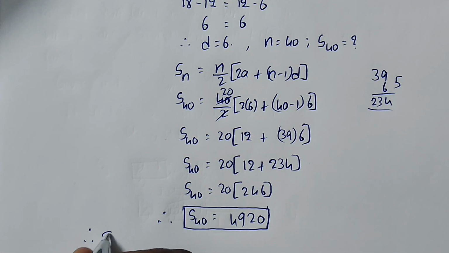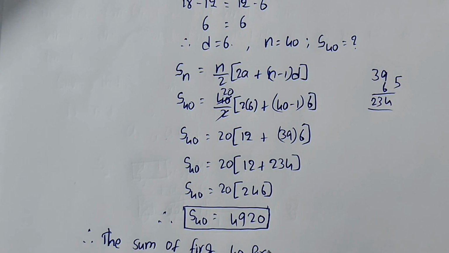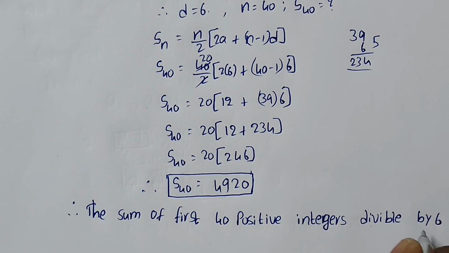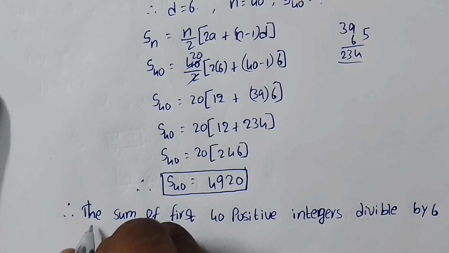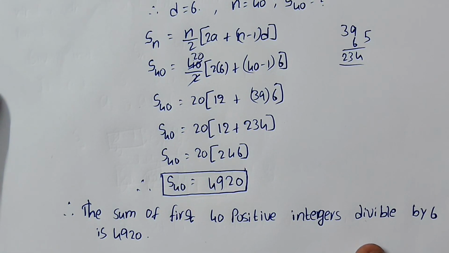So therefore I am writing that the sum of the first 40 positive integers divisible by 6 is 4920. So we have completed the 12th question.